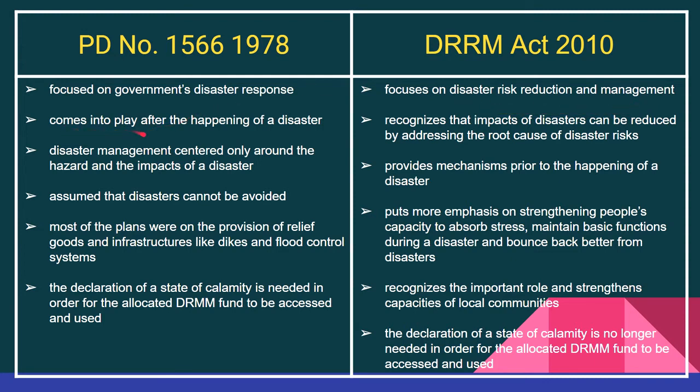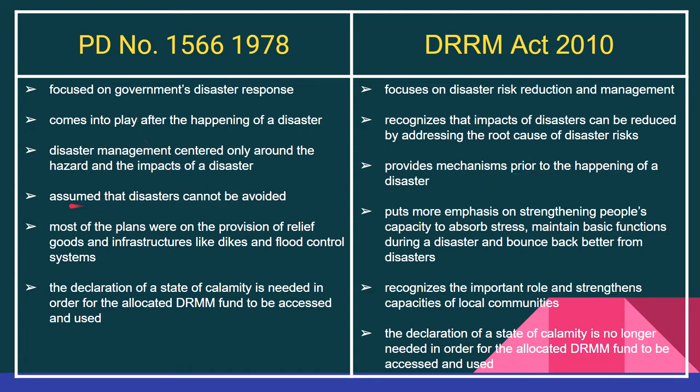Now, this comes into play after a disaster, while here, 2010 recognizes that disasters can be reduced by addressing the root cause of disaster. So here, PD 1566 centered only on the impacts of disaster. Here, mechanisms prior to the happening of the disaster.